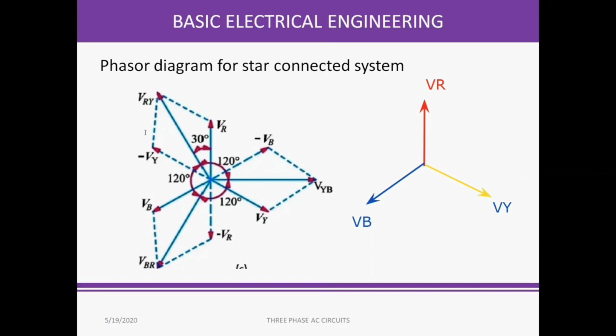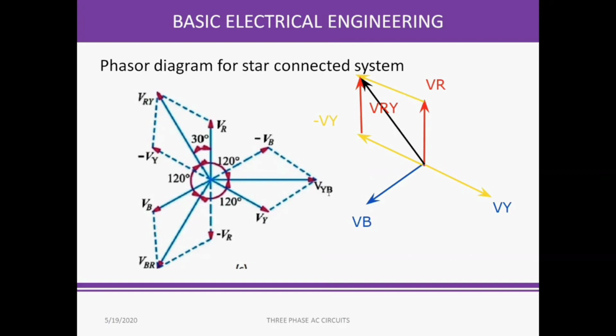Now to draw VRY, we draw VY in the opposite direction, so this is nothing but the vector minus VY. To get the resultant of R and Y, complete this parallelogram. The resultant is the line voltage VRY, so we can mark here the line voltage VRY.